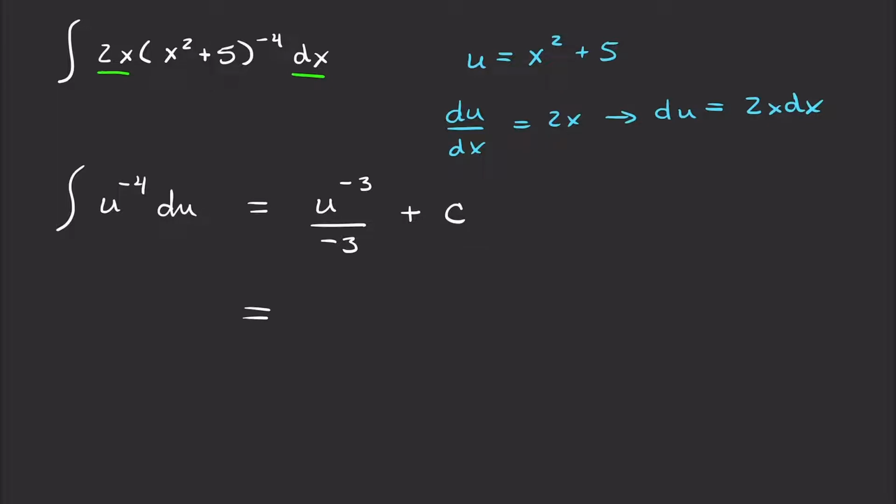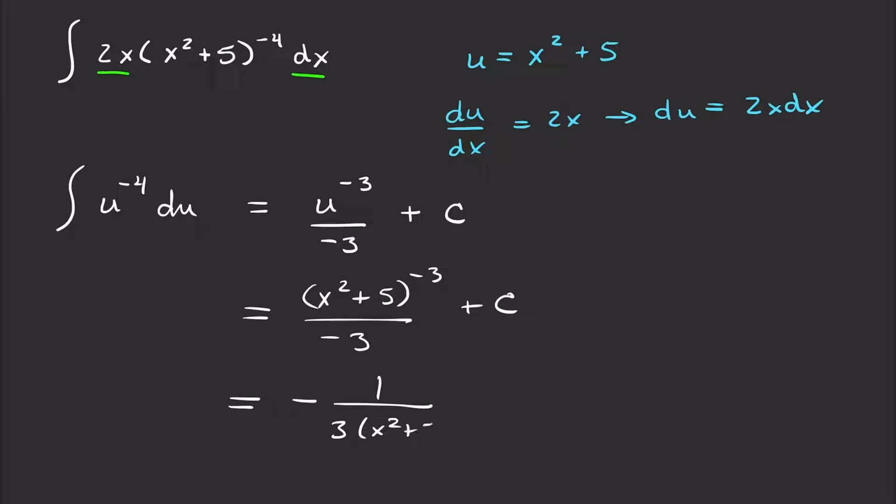Now we just need to plug in our u, so this is going to be (x squared plus 5) all raised to the minus 3rd, over minus 3, plus c. Or we can bring this down, so this is going to be minus 1 over 3 (x squared plus 5) cubed, and then plus our constant of integration.